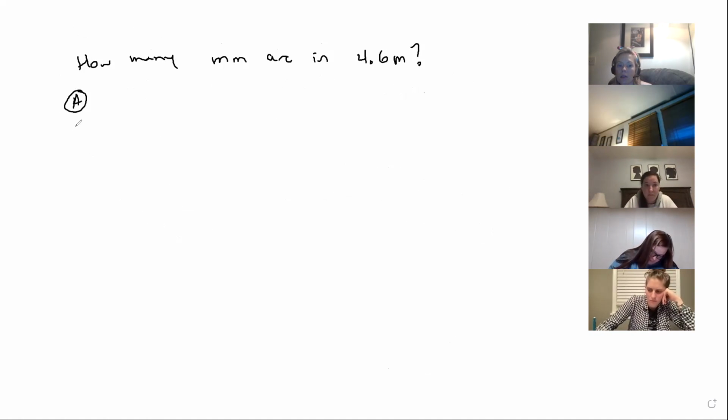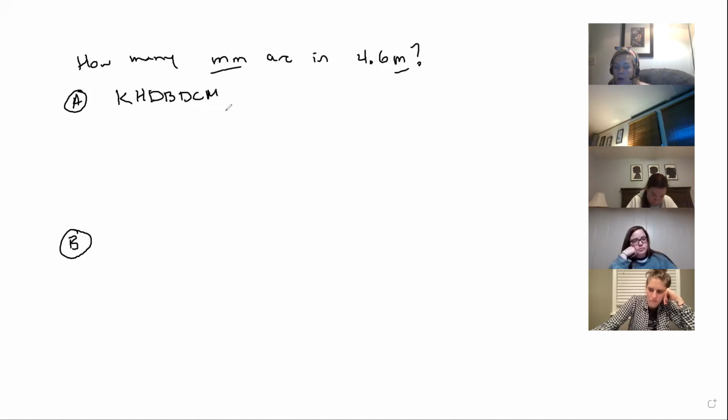So A and B, 2 ways to solve this one. I'm given a unit of meter and I'm trying to solve for millimeter. So this is within the metric system, which means that I can use King Henry died before drinking chocolate milk.